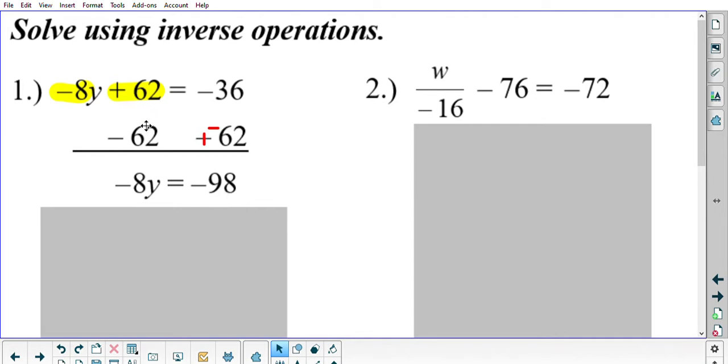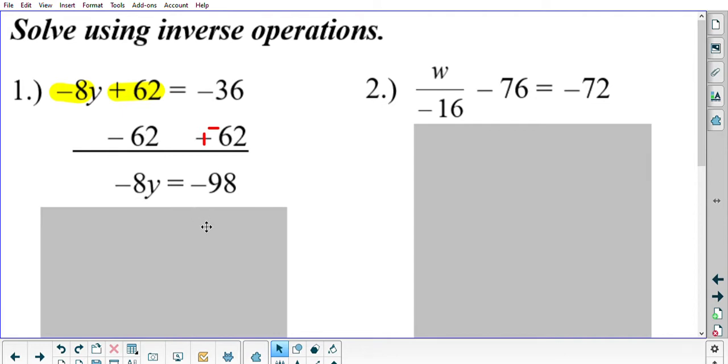On the left-hand side, I don't really have to make the subtraction of 62 become add the opposite because you're just subtracting it away from positive 62. So that's real easy. 62 minus 62 is 0. And that's why that part can mathematically just disappear, all right? Because anything plus 0 is itself. And so that leaves us with just the -8y.